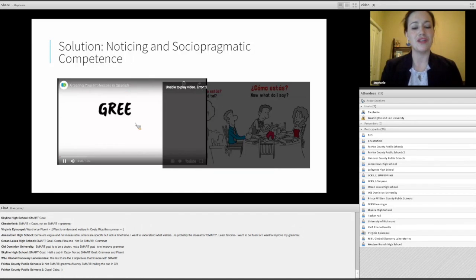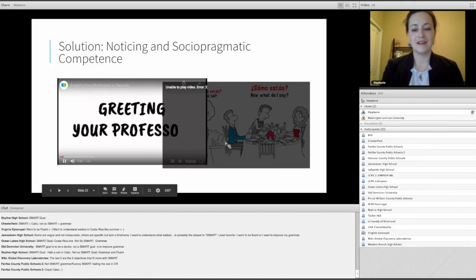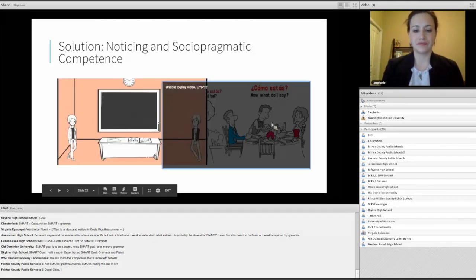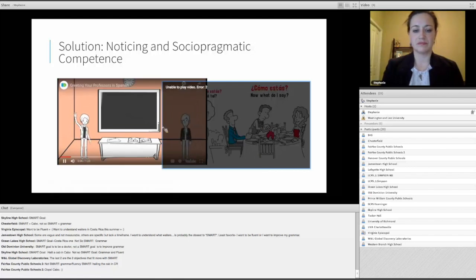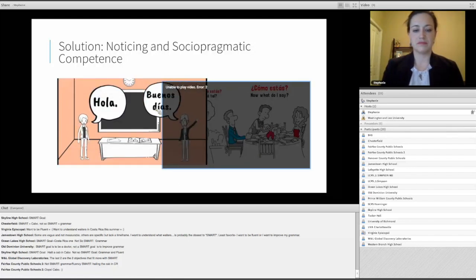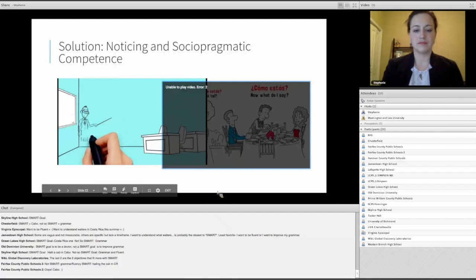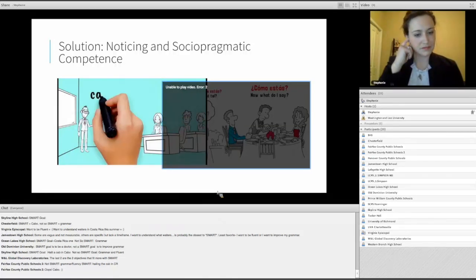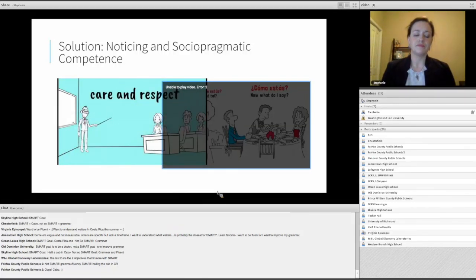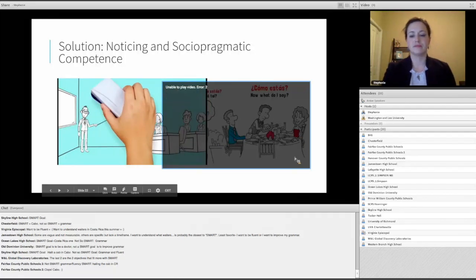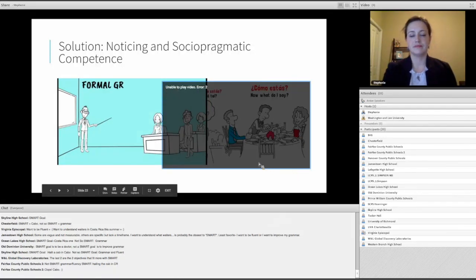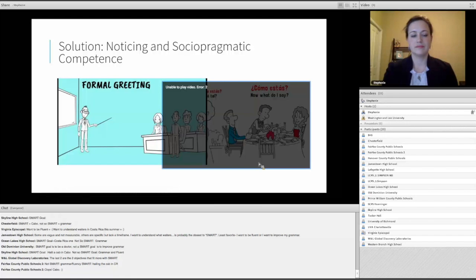This one is about greeting your professors. In Spanish, it is very important that students greet their professors and instructors every time they see them. Building a relationship through greetings shows that you care for and respect others. When meeting your professor for the first time, you will definitely want to use a formal greeting.